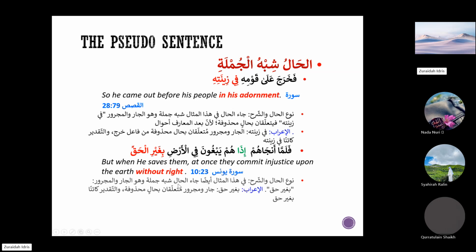So here again, the shibhu jumla is taking the place of a hal. It's not a sentence, as we said there were two types, one a sentence and one a word. In this case it is a shibhu jumla, but we say that it is connected to a hal that is not there, bihalin mahzufa. We still maintain that it's jawa majrur and it is muta'alliq, because this is what shibhu jumlas do.